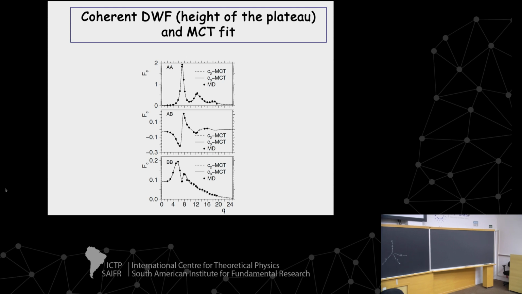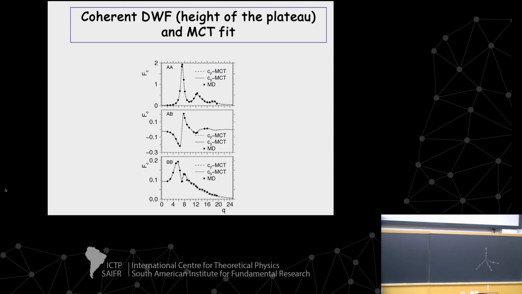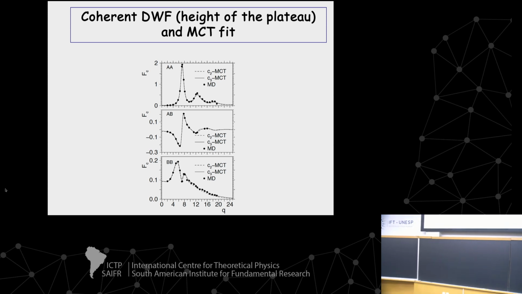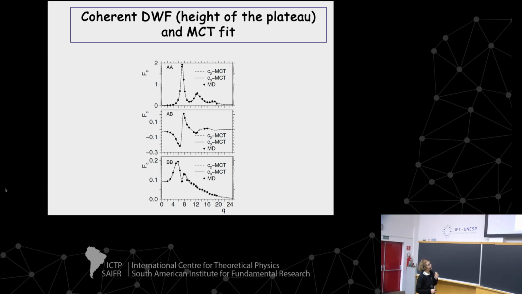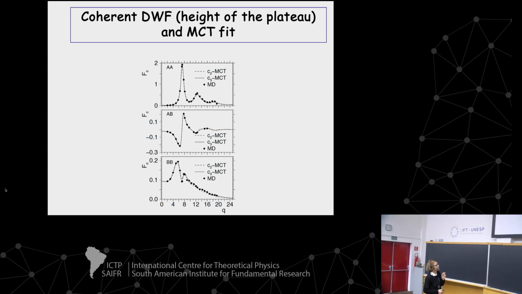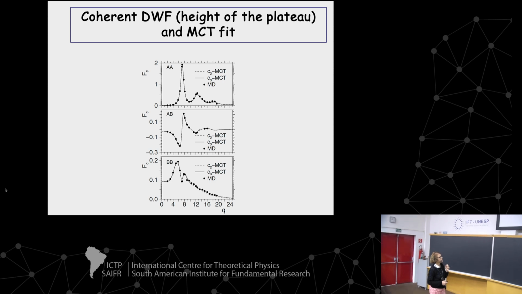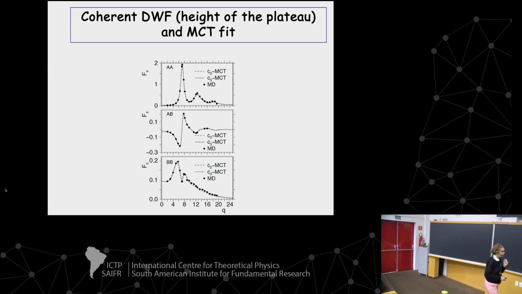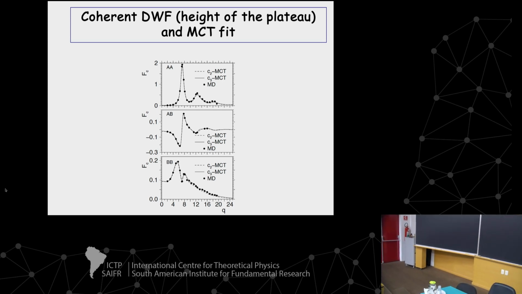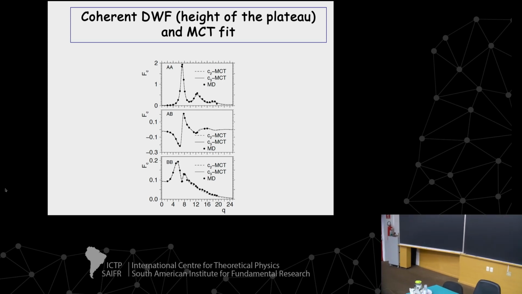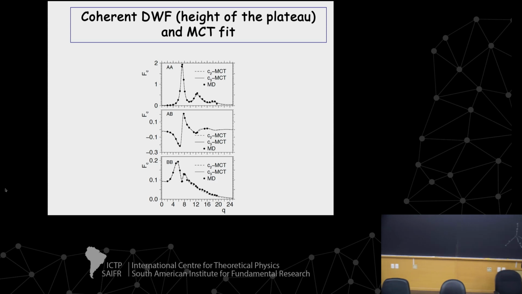In the case of the Lamb-Mössbauer factor, it's very similar to the S of k in the case of AA and BB. For AB, of course, it's a mix of the correlators shown. In the case of the Lamb-Mössbauer factor, you will see, we will show the comparison, a decaying function.